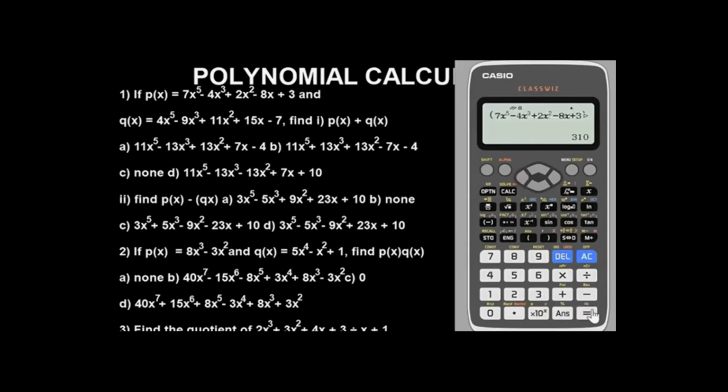So right now we're going to check the option that will give us 310. We're going to simplify the options now. Whichever option gives us exactly 310 will be our answer. Let's begin with option A, guys. Very simple. So option A, let's simplify.